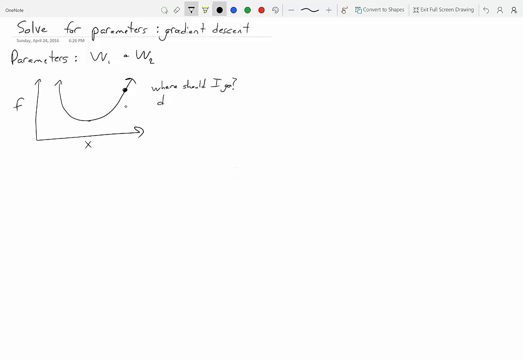So you should go downhill. Now, what does downhill mean? This has to do with derivatives, because derivatives tell you the slope. If I take the derivative at this dot, it's going to be the tangent line, something like that.